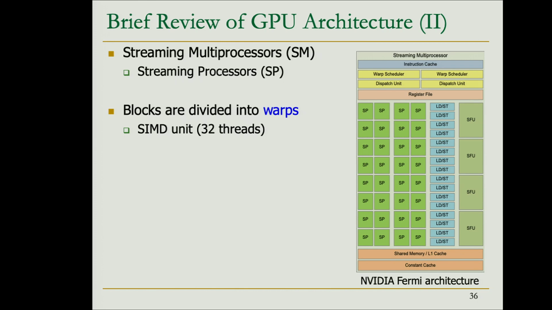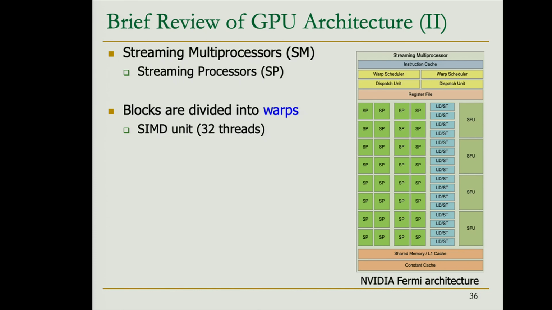This is the NVIDIA Fermi architecture from 2010. In this case, observe that in total we have 32 of these SPs, 32 SIMD lanes, but the way they are used is by using 16 on one side and 16 on the other side.